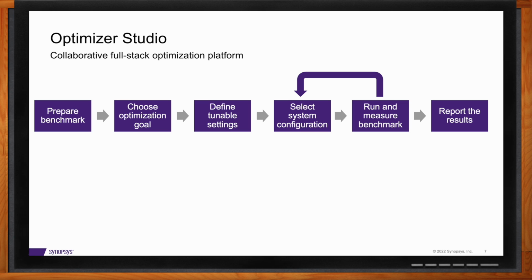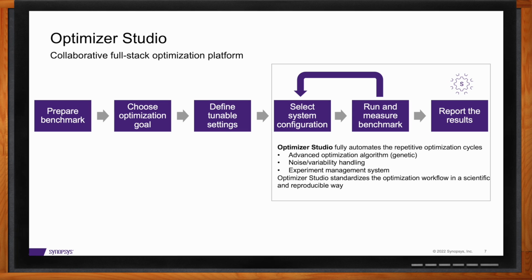And so if I take the example, the multi-step methodology that I presented earlier, you can see how this tool helps you. Essentially, where it is very powerful is that it automates the loop between choosing a configuration and running the benchmark. At the end of the run, it looks at the parameters and, using an advanced optimization algorithm, goes back, selects the right parameters and tweaks them the right way before it runs that configuration again.